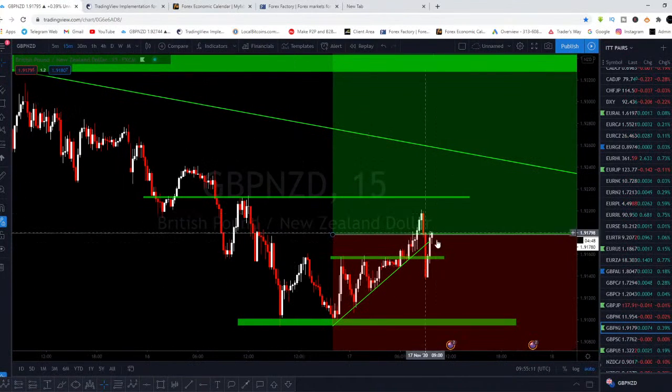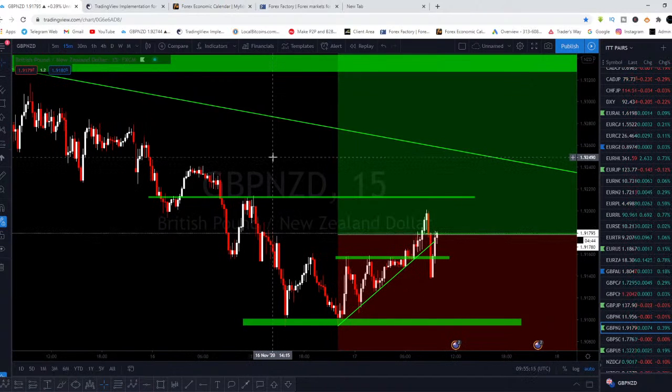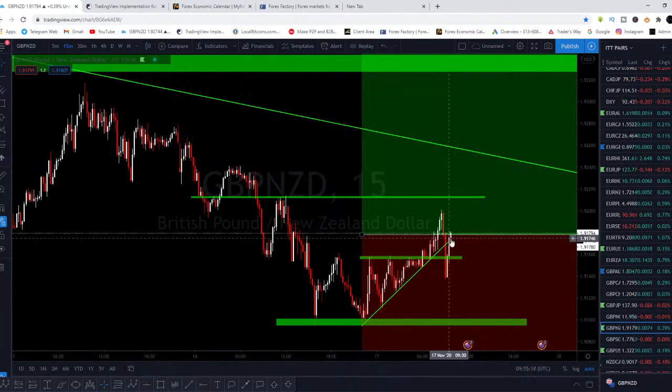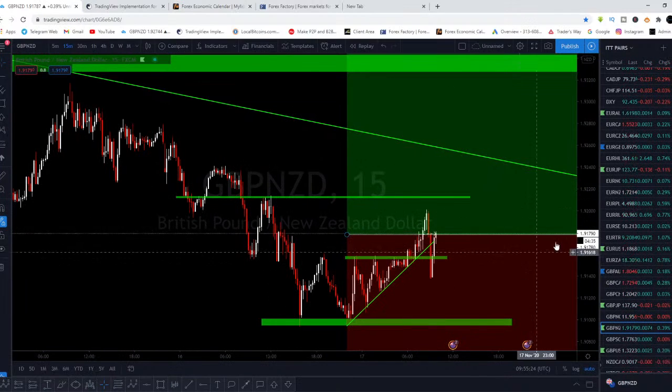GBP NZD. I must wait for this 1 hour candle to close, man. I'm not getting in. Must wait for it to close. That's why it's back again in this round line. So I must wait for it to close.